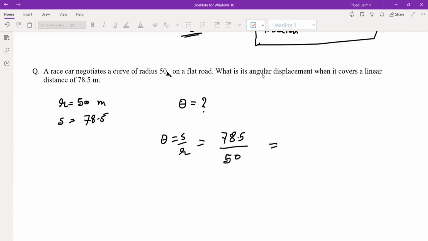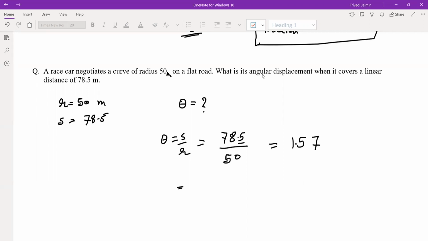Oh, no problem. Change it now. 5 ones are 5, remainder 2. 5 fives are 25, 5 sevens are 35. So decimals: this decimal here and one more 0, that means 2 decimals.